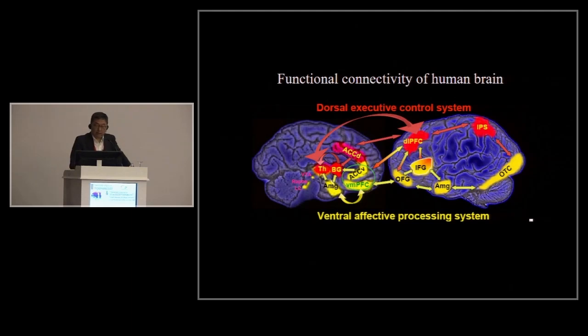So that's the functional connectivity. Most of the studies have shown that the dorsal part is more like cognitive function. It's dorsal executive function, which has been shown a lot in bipolar disorder. That's cognitive dysfunction. In the ventral part, the yellow part, it's more emotional, more affective processing.